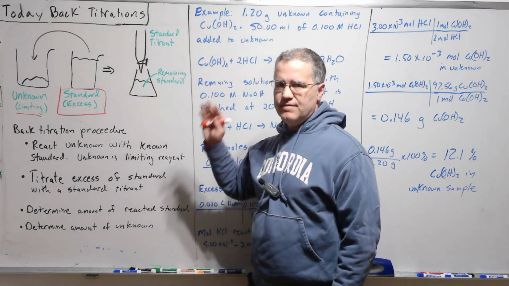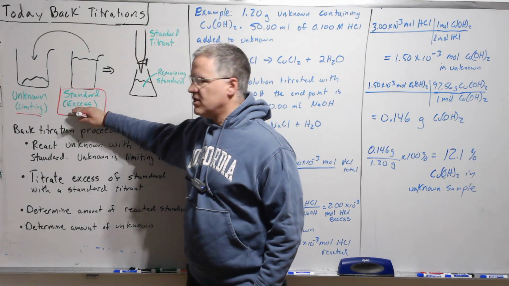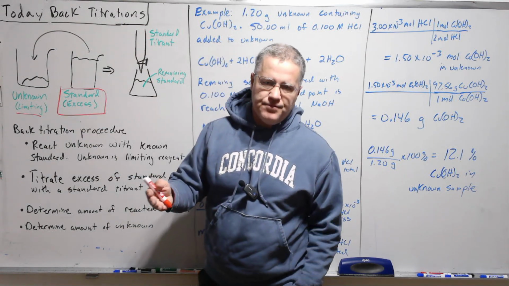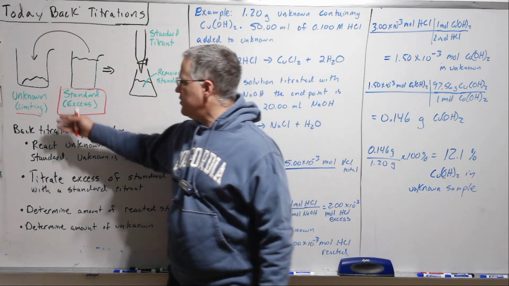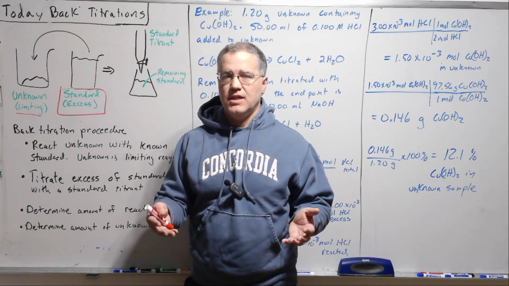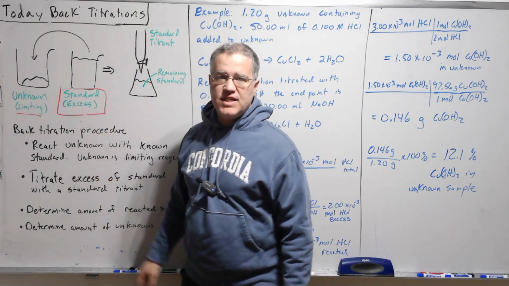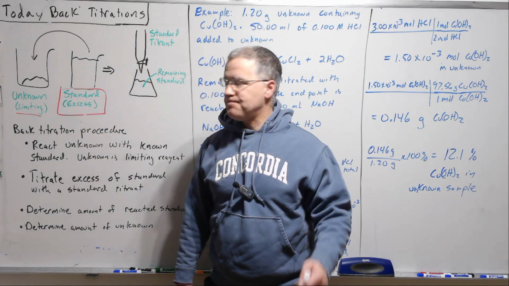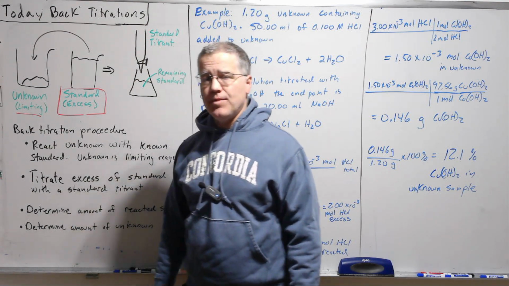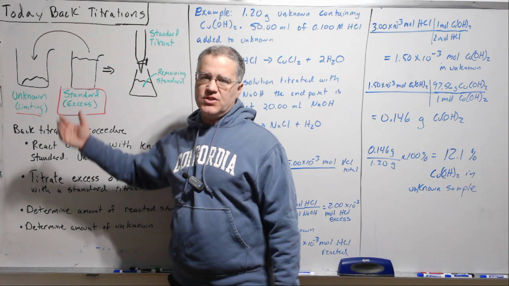We won't do that in the example here, just to know that we're going to make sure that this is going to be in excess. So in the most gross sense, what you could do is just assume the entire sample is the analyte that we're interested in, and then just make sure you dump in enough standard so that you're in excess. If you know a little bit more about the sample, so if you know it's only about 1% or something like that, then you can make adjustments accordingly.